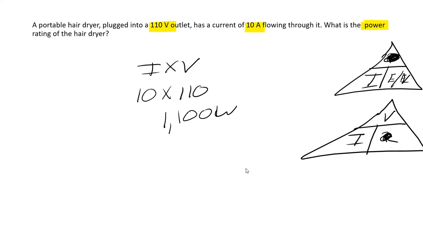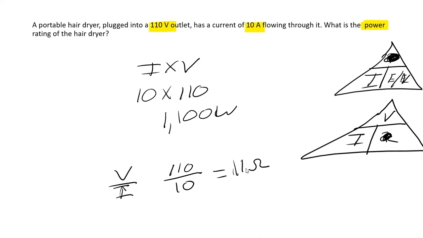Do I have volts and amps? Well, of course I do. I have 110 volts. I'm going to divide that by the 10 amps. How many times does 10 go into 110? Well, that goes in 11 times.